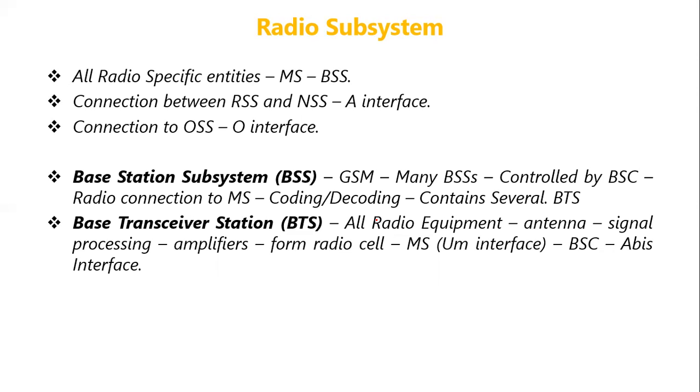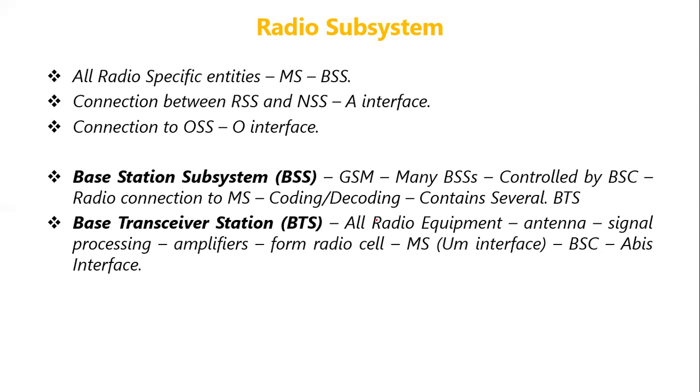The BSS typically performs all functions necessary to maintain the radio connection to one mobile device. It also performs tasks like coding and decoding of voice, and data adaptation to and from wireless networks.